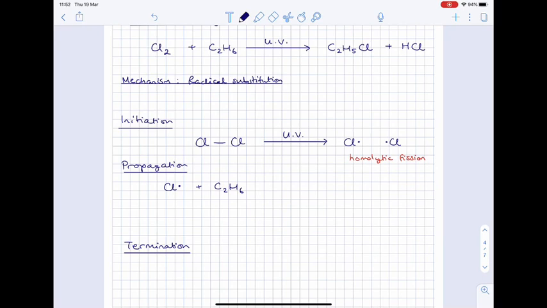So you may remember that the propagation steps, there should be 2 propagation steps, they add up to the overall equation. Okay, and I'll show you that in a bit. So you have to remember, this is the only thing you really have to remember, and the others you can really work out, that the first propagation step gives you this hydrogen halide.